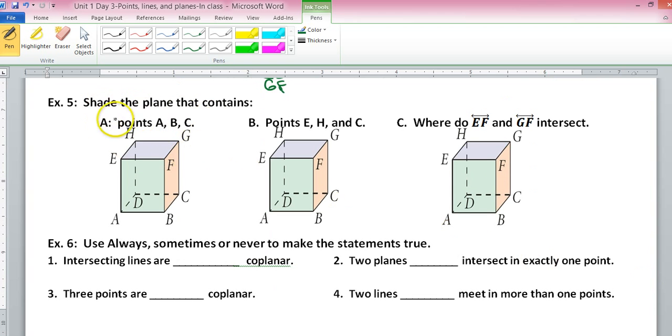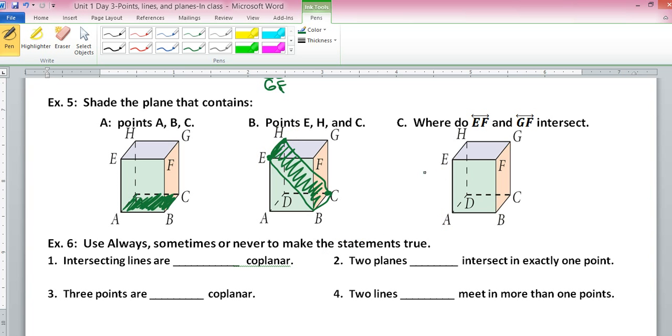Example 5, plane points A, B, and C. If I look at A, B, and C, they would be on this bottom side. Points E, H, and C. If I look at E, H, and C, well, it's not a side of the box currently, but if I do what I did in the prior example, I'll notice it goes on a diagonal through the box.